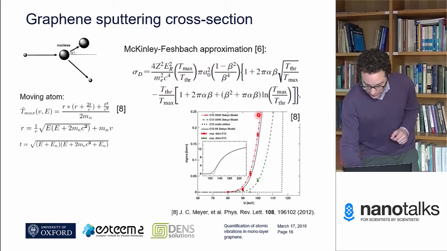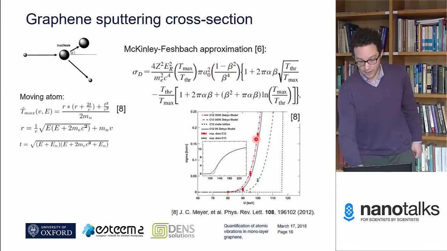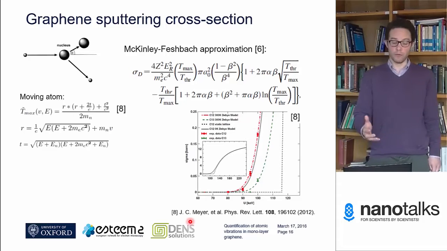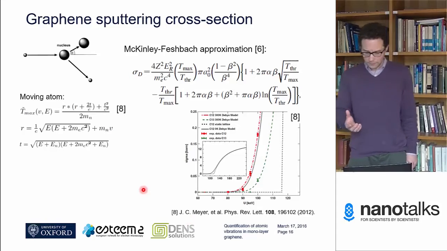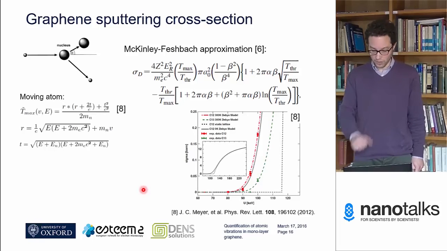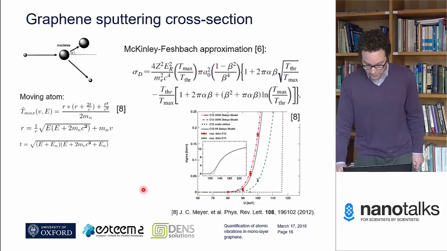So we can see here the red dotted line in this plot is a theoretical calculation of the sputtering cross-section for C12 graphene at room temperature, so about 300 Kelvin. So it's assuming a Debye model for the phonon dispersion relation of graphene, which seems reasonable.